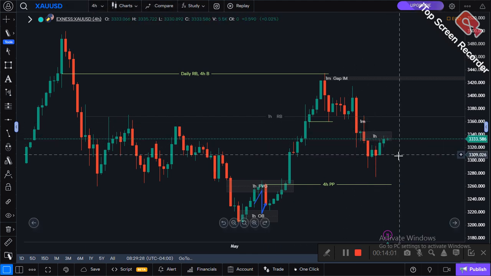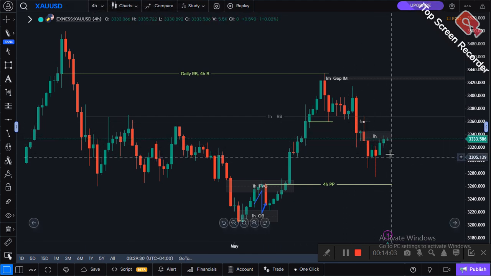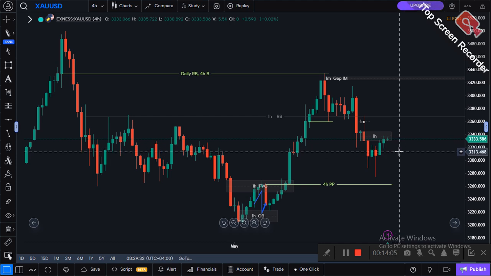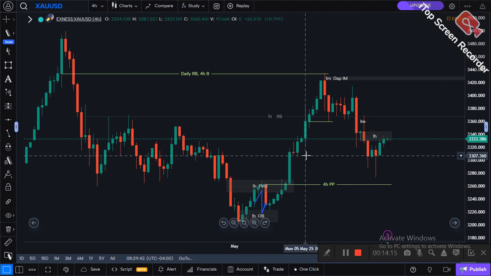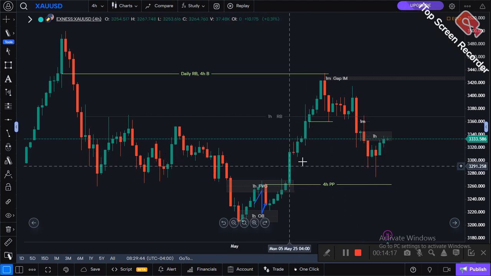One candle can make $1,000 if you trade with 0.1 lot. So this is a great opportunity to trade. So what is your TP?